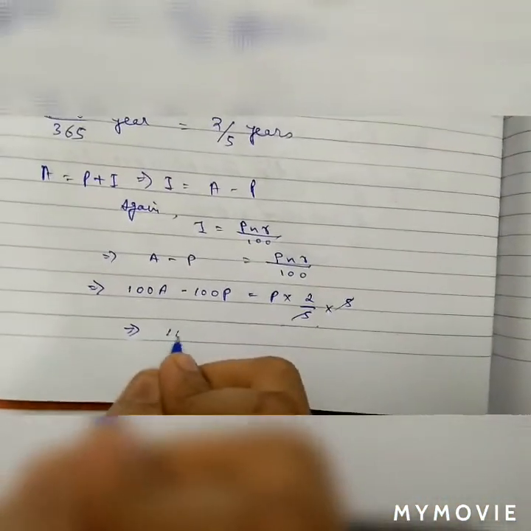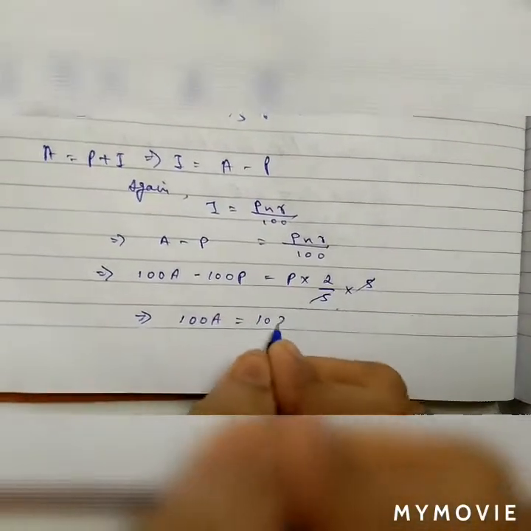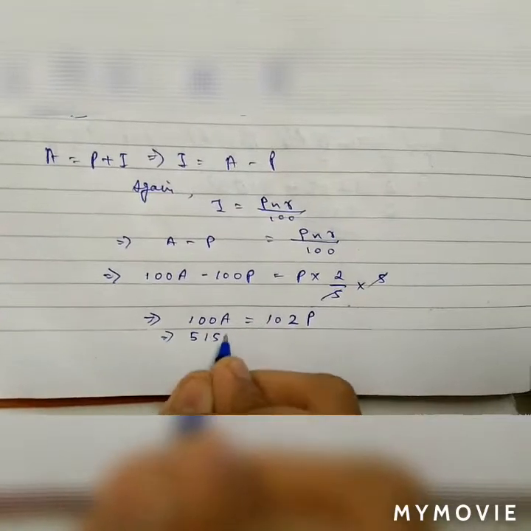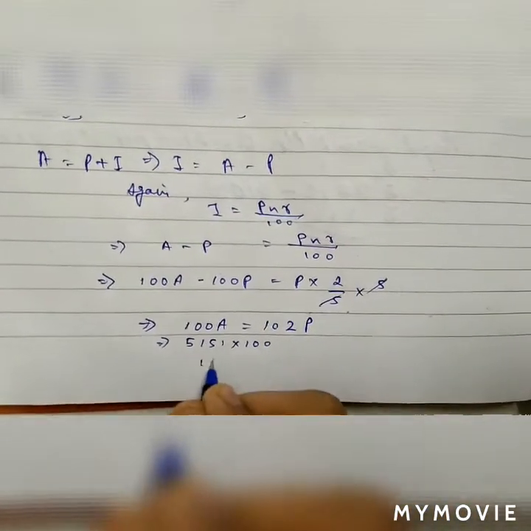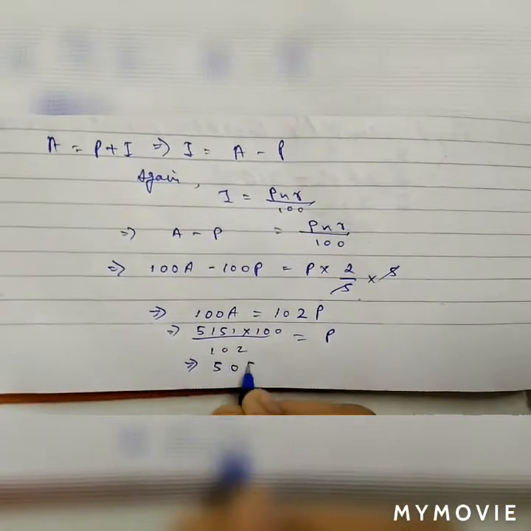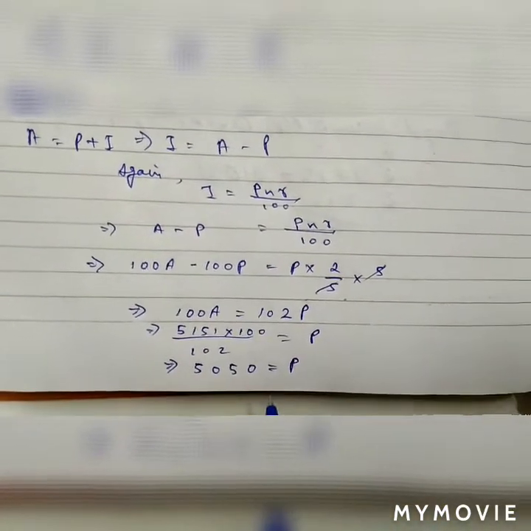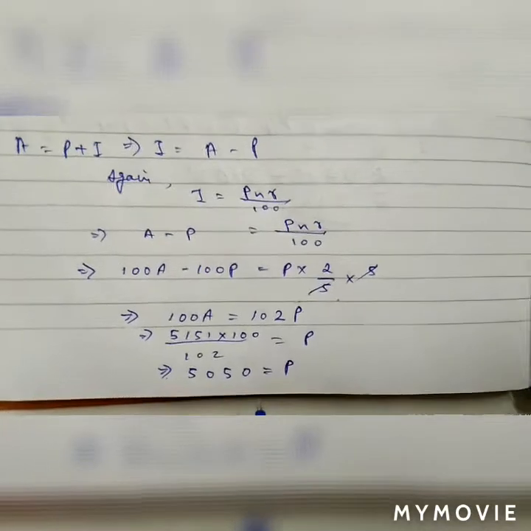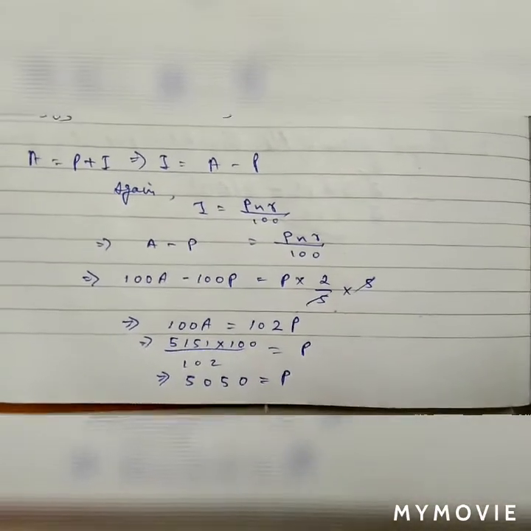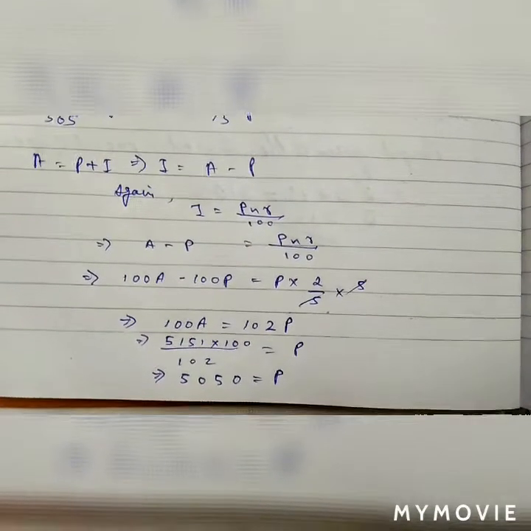It implies 100A equals 102P. It implies 5151 into 100 divided by 102 equals principal. That means 5050 is the required principal. This is the sum of money which was borrowed on 11th June, which will amount to rupees 5151 on 4th November. The sum is fully completed.